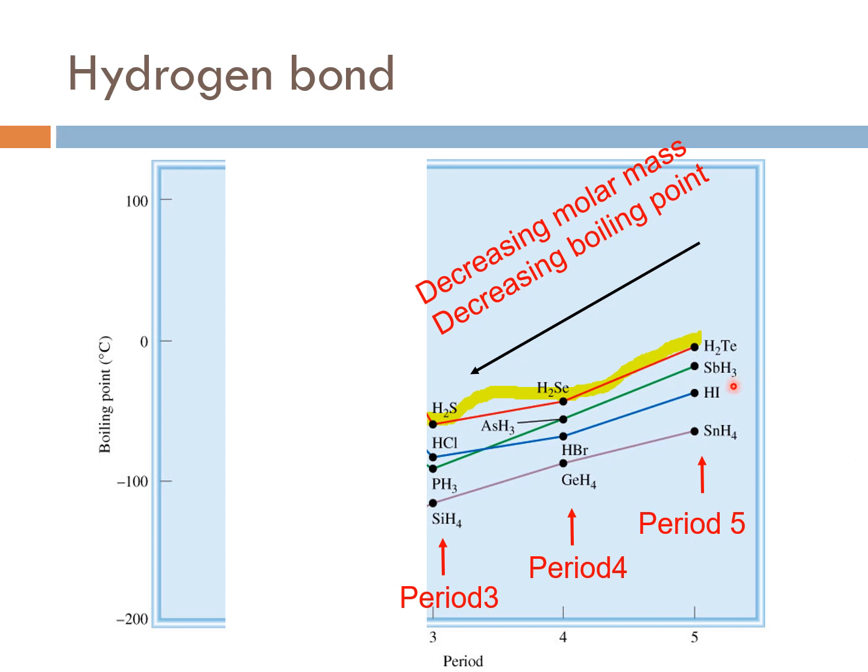So you see that there is obviously a trend. The smaller is the non-metal, the lighter is the non-metal, the lower is the boiling point. And this kind of trend appears very consistently for each group, for each of the 4 groups represented.